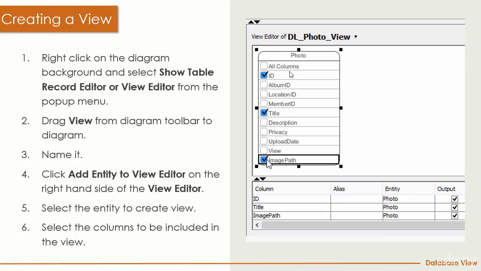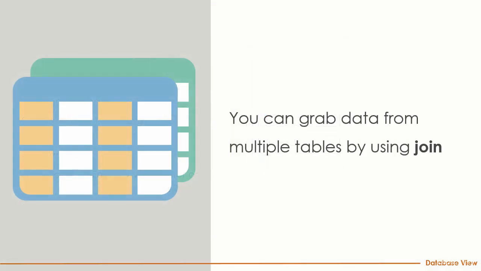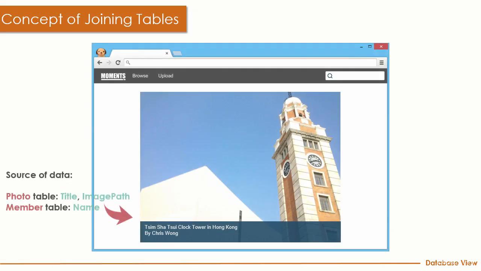I just showed you how to create a view for one table, one entity. But you can also use a view to grab data from multiple tables using a join. This is another example. We're showing the photo, the title, and also the uploader, the name of the member who uploaded the data.